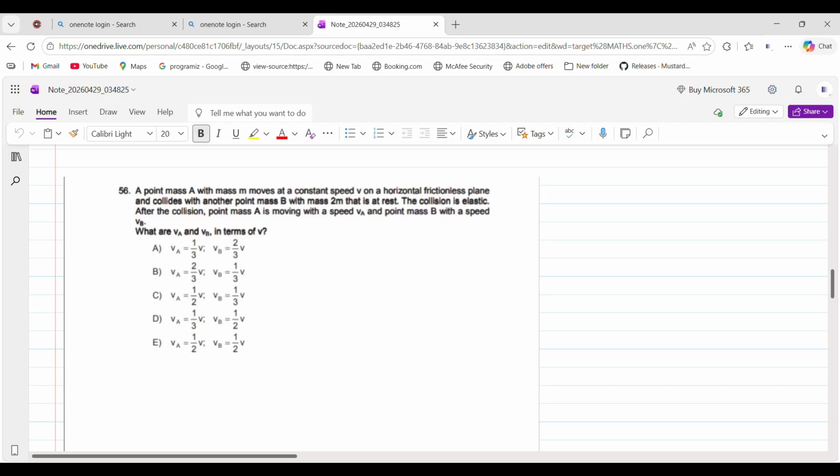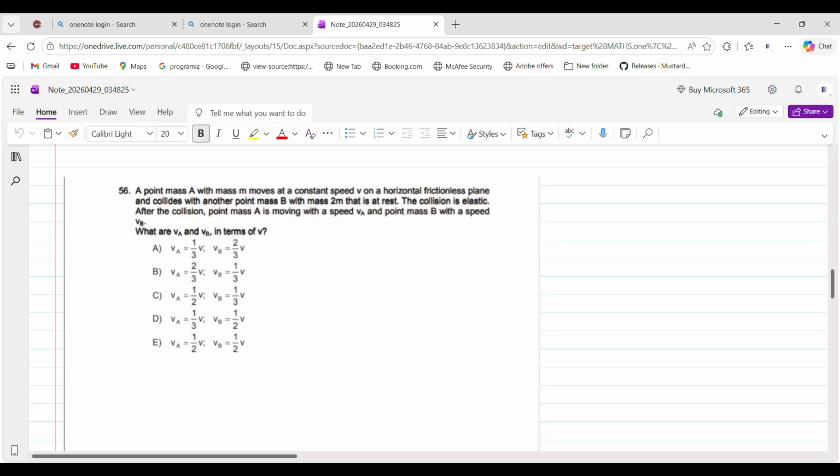The collision is elastic. After the collision, point mass A is moving with the speed of VA and point mass B with the speed of VB. What are VA and VB? Which means they are asking about the velocity of the first object after collision and the velocity of the second object after collision in terms of v.